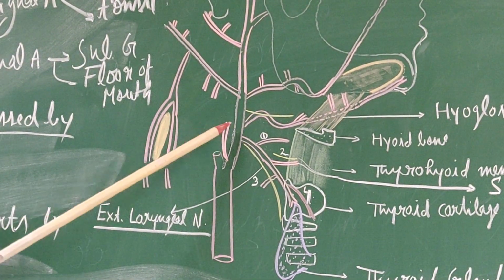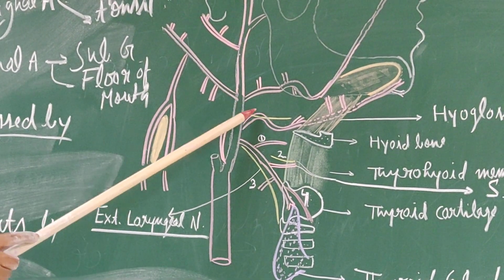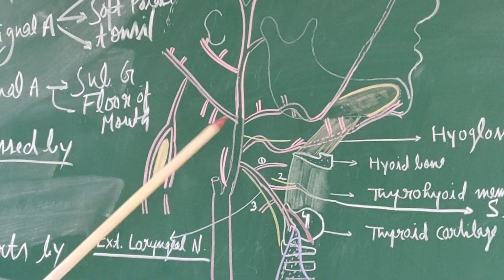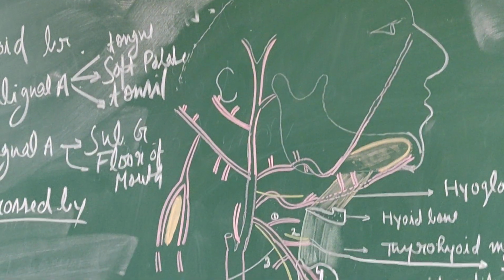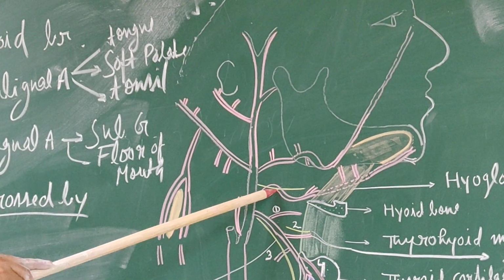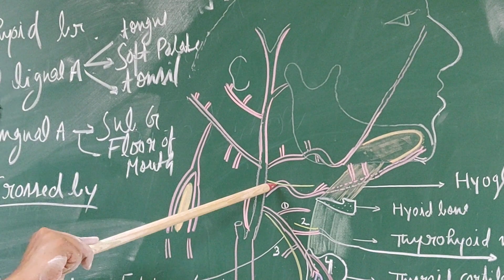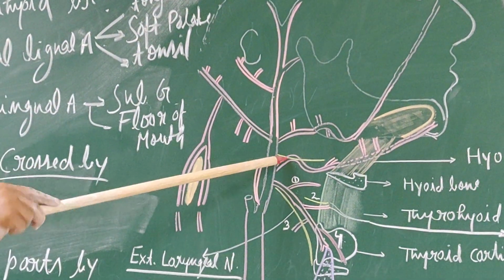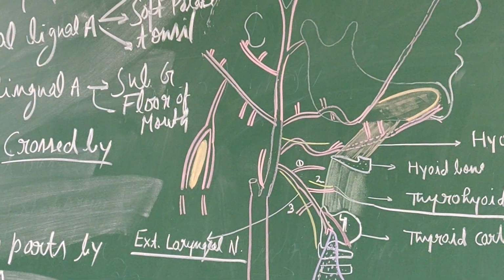After its origin, it forms a characteristic loop. The convexity of the loop is directed upwards, and there is an important relation at this loop. The 12th cranial nerve, the hypoglossal nerve, the motor nerve of the tongue, crosses superficially to this loop.